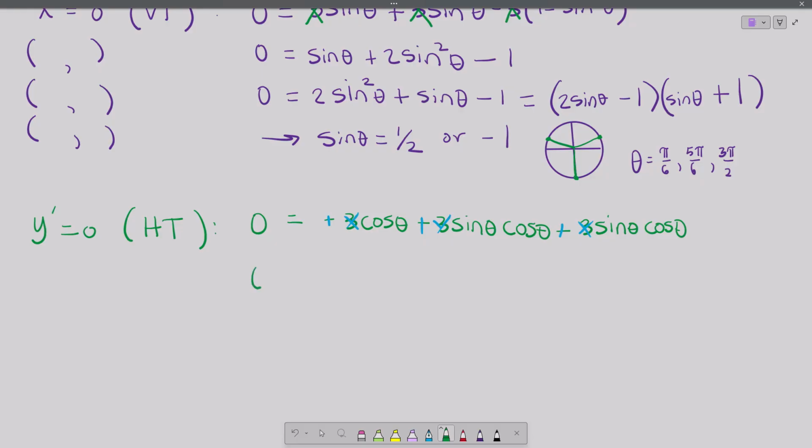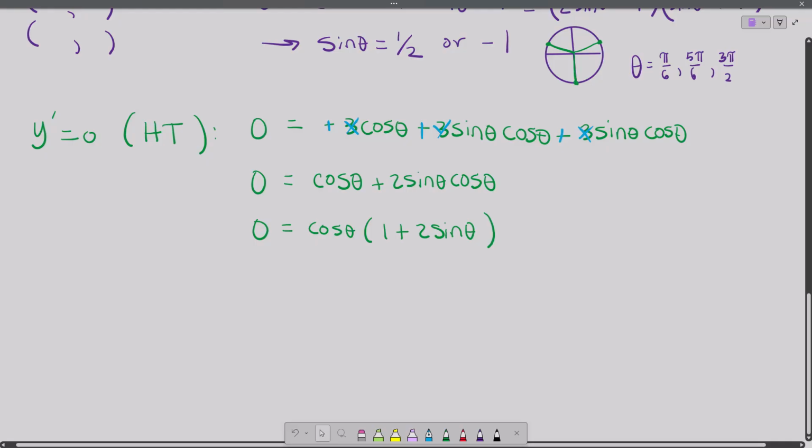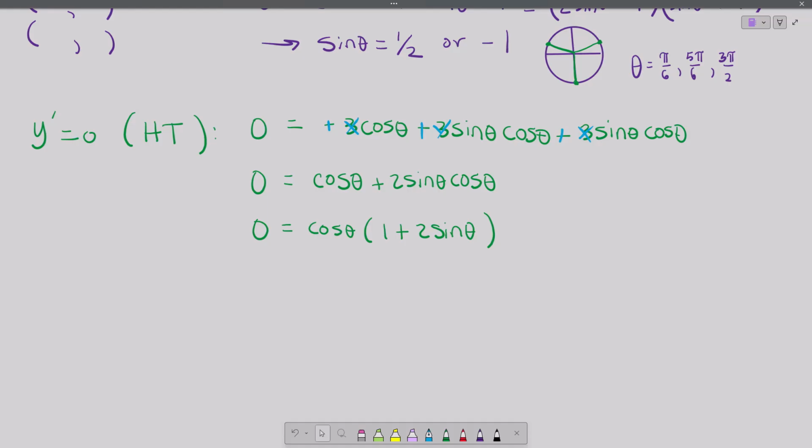So then this all becomes cosine of theta. And these are the same, right? Sine theta, cosine theta, sine theta, cosine theta. So plus 2 sine theta, cosine theta. Here we're extremely happy because we can turn this into multiplication without much trouble. So we don't have to deal with converting one trig function to the other because we can separate them with multiplication.